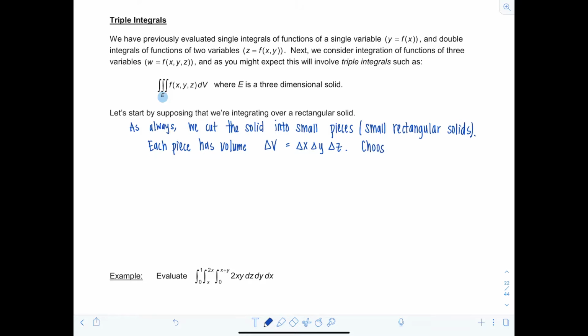So what do we do next? Well, we choose a point in each piece, and that point we'll call x sub i star, y sub j star, z sub k star, and then you evaluate your function f at that point.